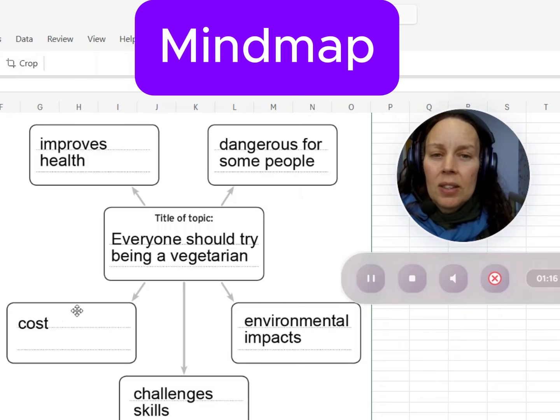I can talk about the advantages and disadvantages of having a vegetarian diet. It can be more expensive in some places. In other places, it's much cheaper. Environmental impacts and challenges skills. So maybe not everyone can cook. People might not know how to cook vegetarian food. It challenges their skill set to learn how to do this. These are just ideas that I want to put in front of the examiner because that will help guide the examiner to what I want to talk about.